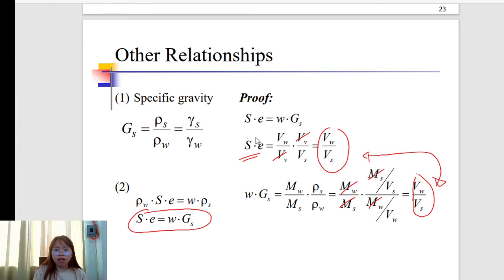That is why S times e is equal to w times Gs.